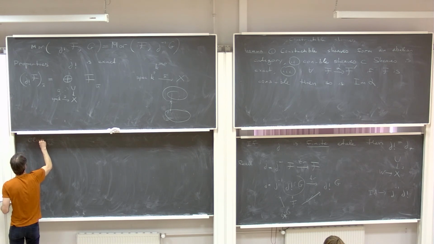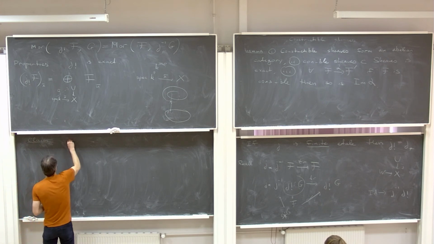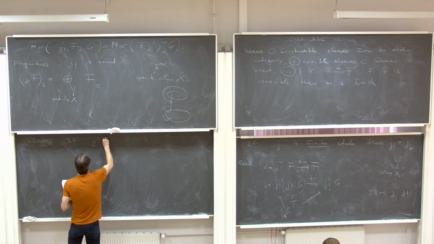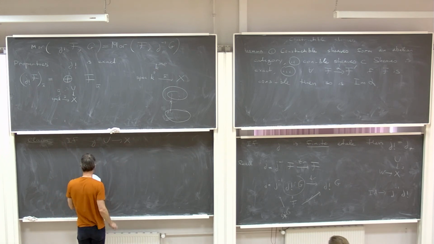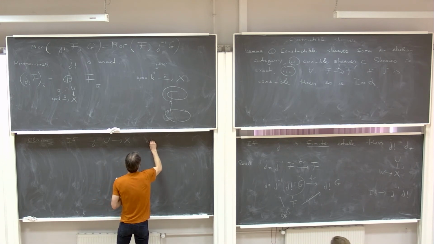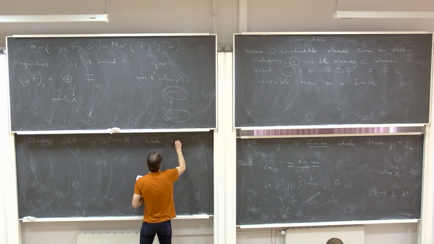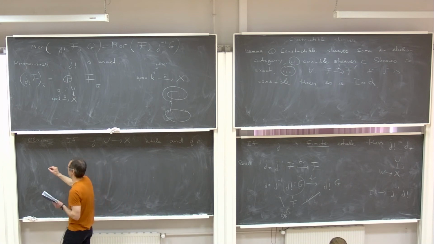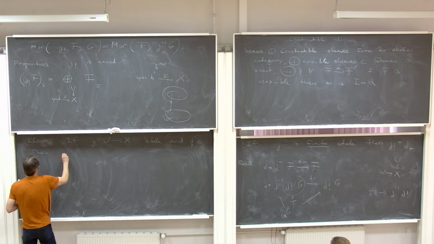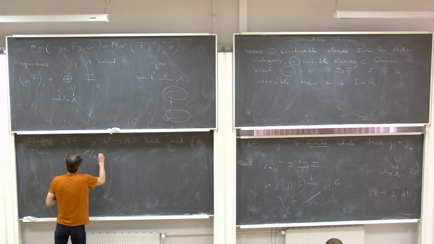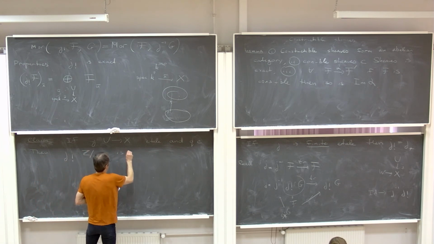Claim: if you have a morphism J from U to X, which is étale and quasi-compact, then J lower chic of the constant sheaf is constructible.